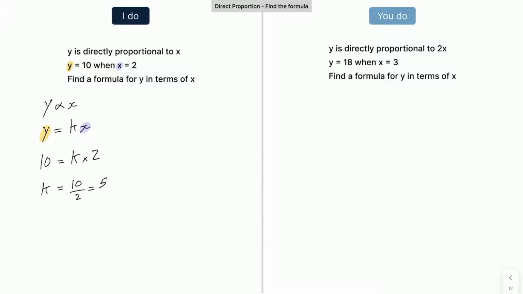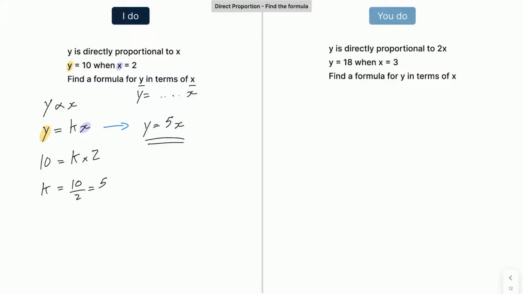And now we can substitute that into this formula, and we can write this as y is equal to 5x. So that is the answer to the question. It said find a formula for y in terms of x, and that's a formula for y, which means y is equal to something in terms of x, which means there's an x on this side.